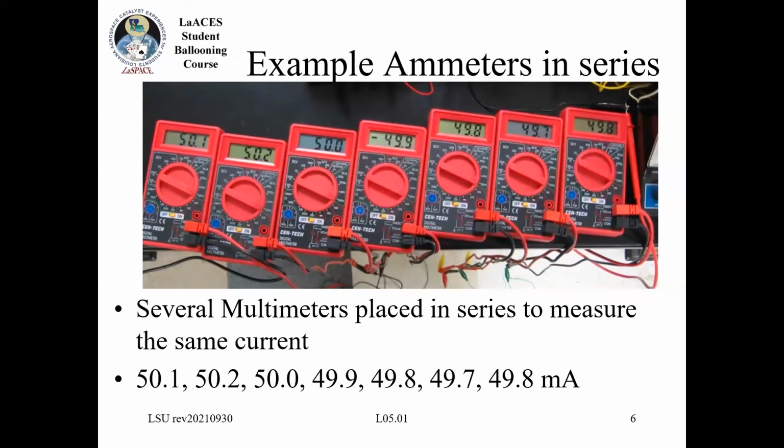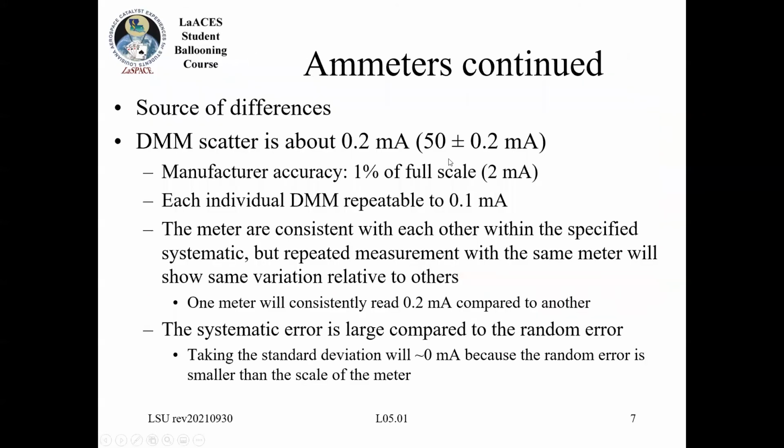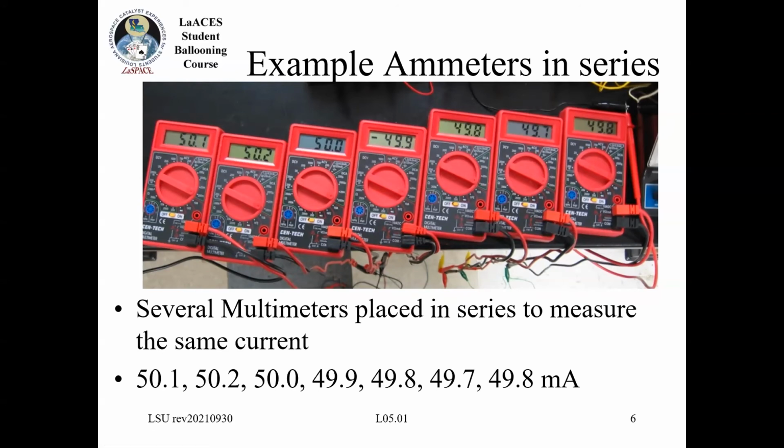So for a quick example, this is something you could do and it also just shows you the example. This is basically 7 multimeters that are hooked up to the same circuit. These are all hooked up in series and they're all reading the current. And because the current has to go through each one of these multimeters, and it can't store the charge anywhere, we know that the current has to be the same for all of these different multimeters.